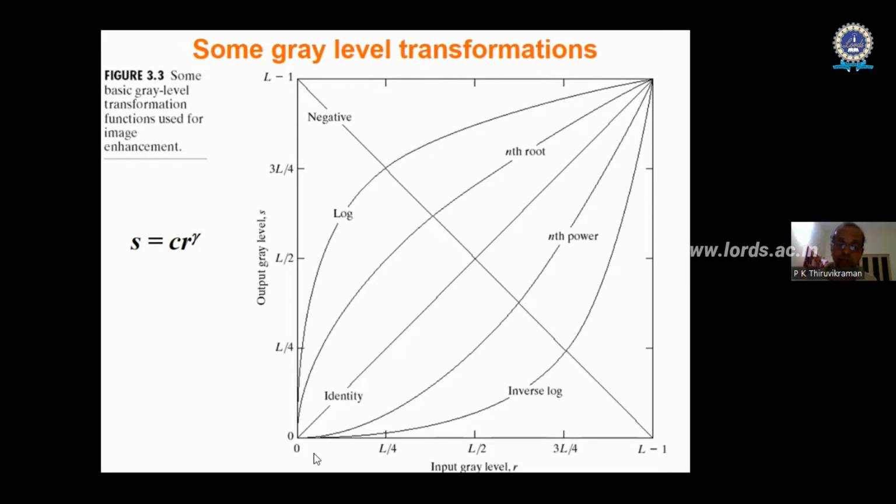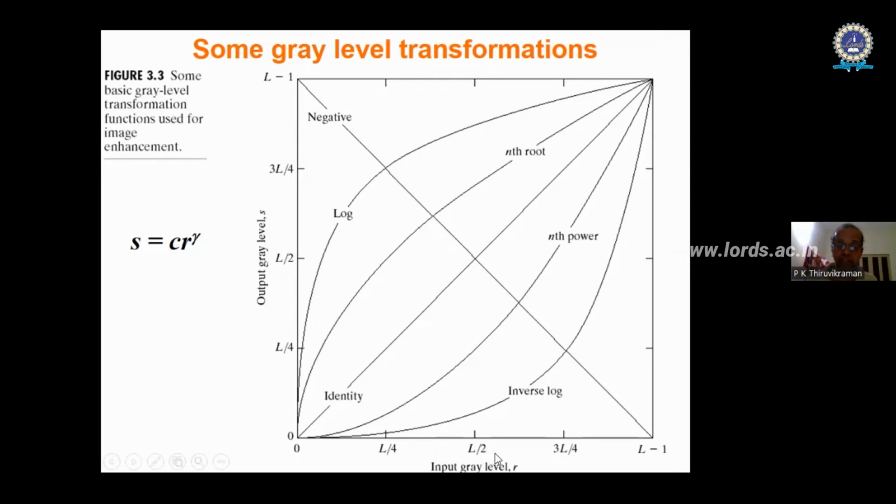So 128 is mapped to a very low value, because of this curvature. That means if I have a very bright image, most of the pixels will be in the range 128 to 256, but now 128 is mapped to a very low value.